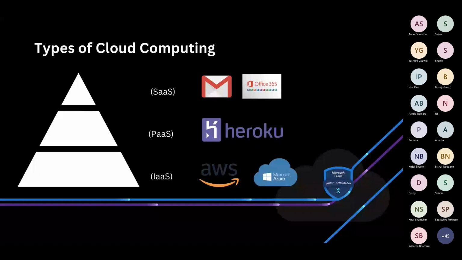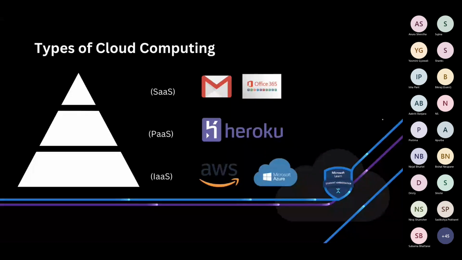Otherwise, all the other maintenance, application configurations, and security are given by the cloud service provider. So that has made our lives so much easier, right? See, Gmail, Office 365, these are what we use in our daily lives, and still we had no clue that these were one of the types of cloud computing.